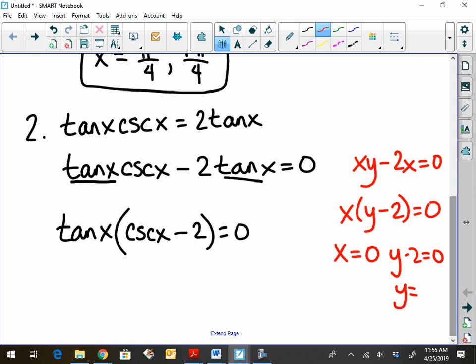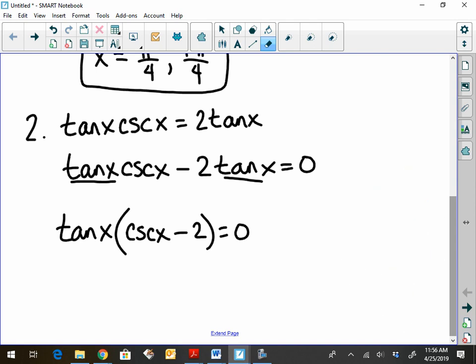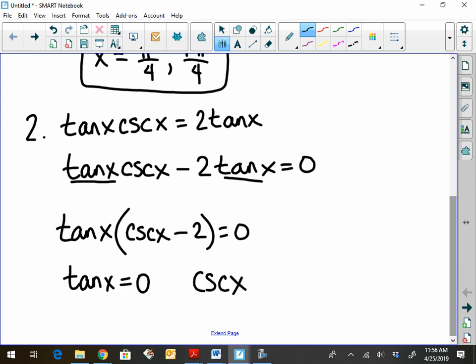So we would get these 2 different answers for this example. But we're going to do that same thing here. So we'll set tangent of x equal to 0, and then cosecant of x minus 2 equal to 0.